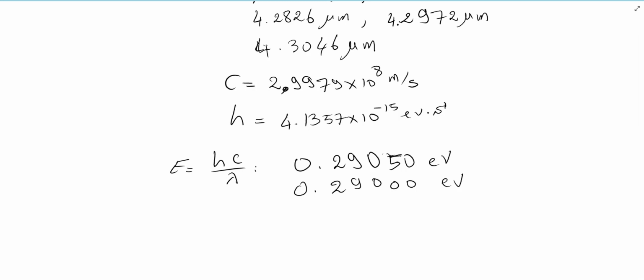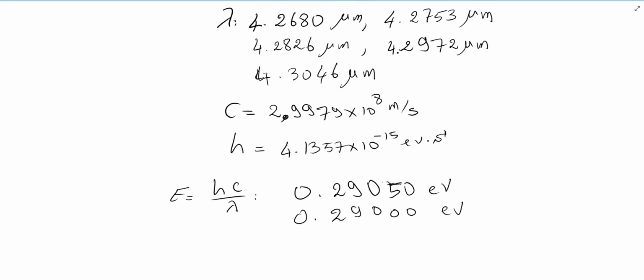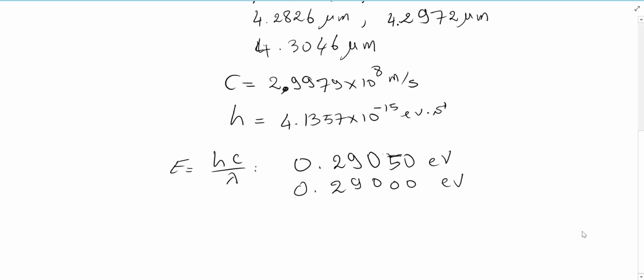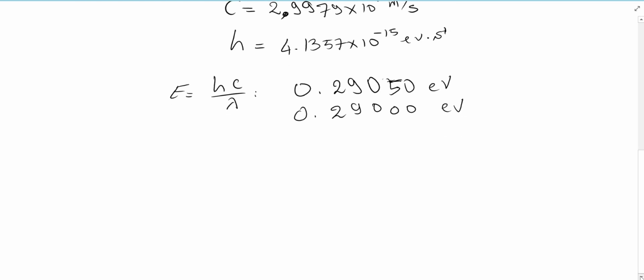And the third energy is going to be the same formula, but the wavelength now is 4.2826, and this is 0.28951 electron volt.